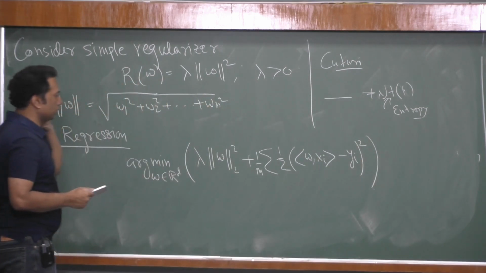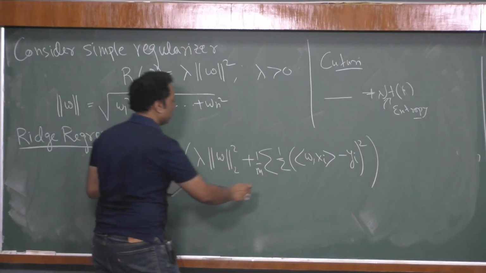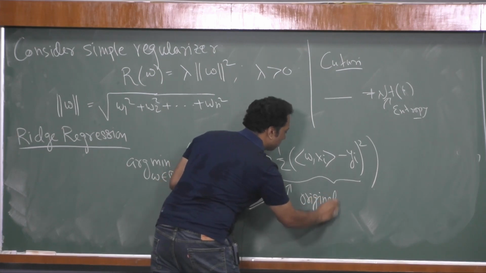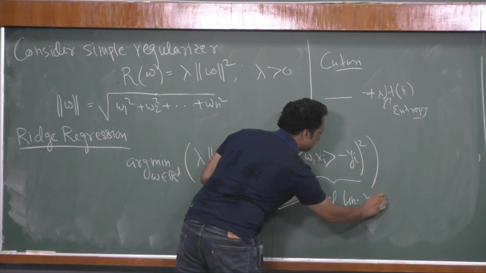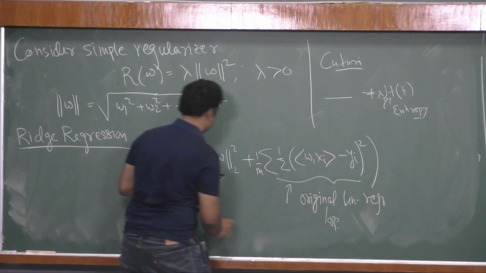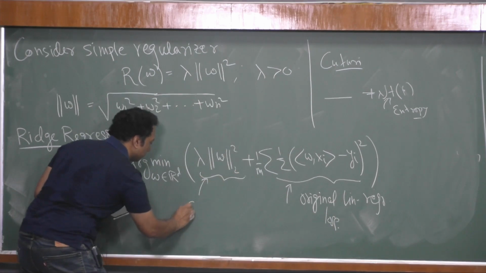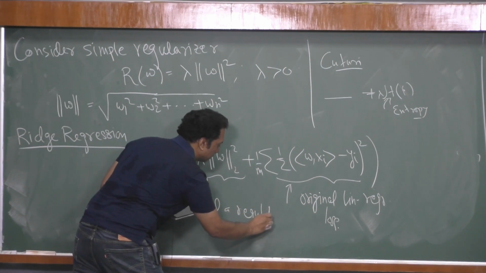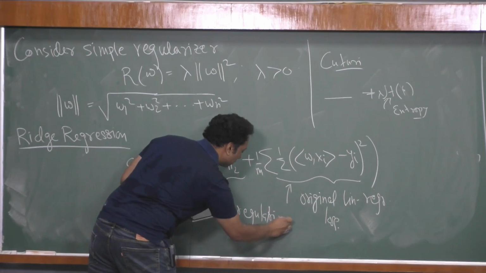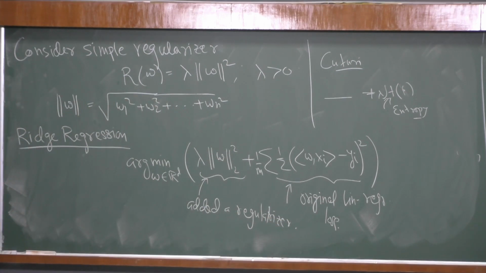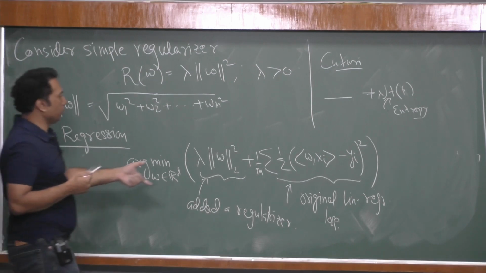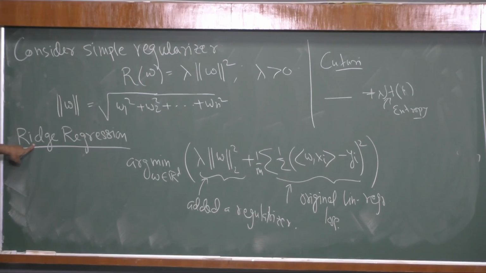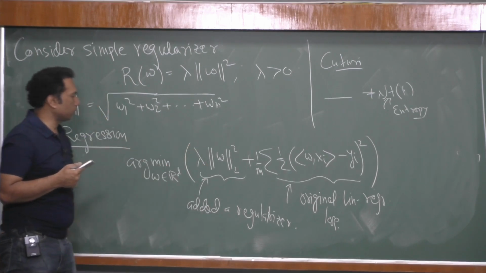So this was our original linear regression loss, and this is the regularizer we have added. So in your linear regression problem, if you add a regularizer like this, then the name becomes ridge regression. The ridge is for the fact that this is regularized.